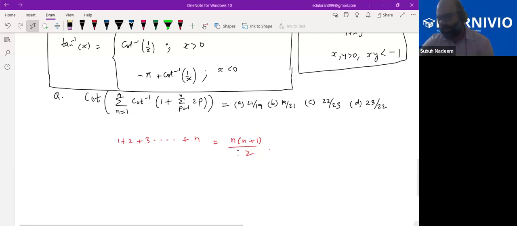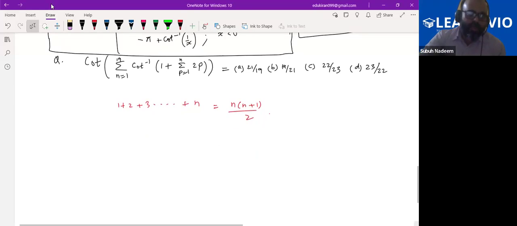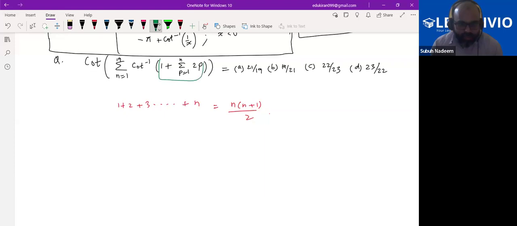So I hope you have tried. So let us discuss it now. Obviously there are many concepts which are being applied in this question. First of all, start from this function and take it outside, 1 plus sigma 2p, p equal to 1 to n.